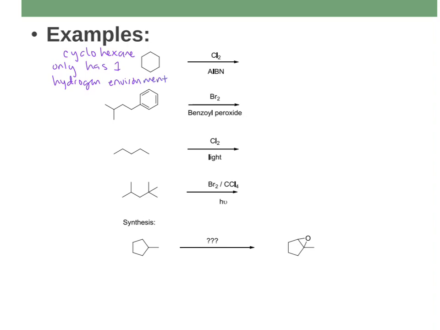All those hydrogens on that cyclohexane, they're all interchangeable. There's no difference between the one on the top versus the one on the bottom right versus the one on the top left, they're all identical. So I can just put my chlorine anywhere. And this would be a good example of why you might want to do a chlorination, because it doesn't really matter where you put your chlorine. I'm just going to put mine here. Great. That's what you would get.